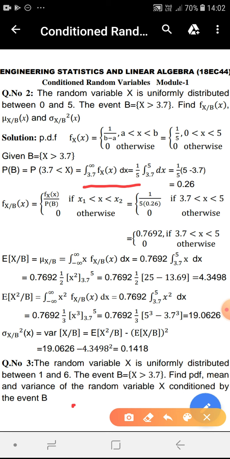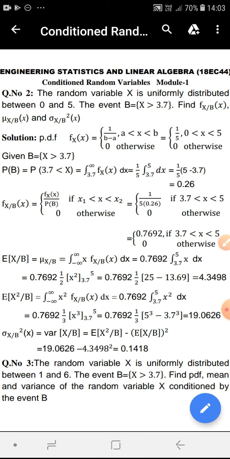The remaining integral is integral 3.7 to 5, where the integrand fx of x is 1 by 5. So putting the integrand fx of x as 1 by 5, keeping 1 by 5 outside the integral sign, it will be equal to 1 by 5 into integral from 3.7 to 5 dx, and integral dx is x.